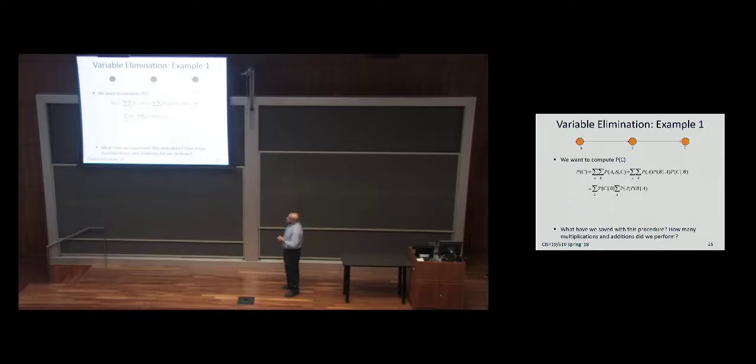So I can really write it this way. Inside I'm going to have the sum over A of P of A times P of B given A. And only once I computed this, I'm going to sum over B of P of C given B. I haven't done anything here. I just reordered it. I chose to single out A and put it inside.